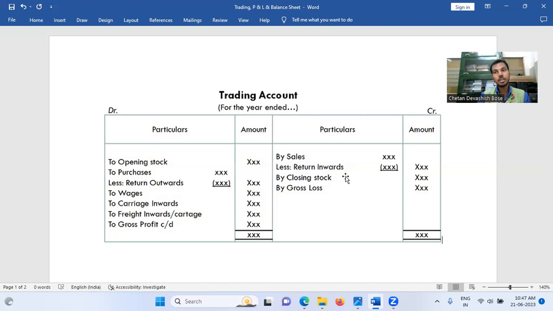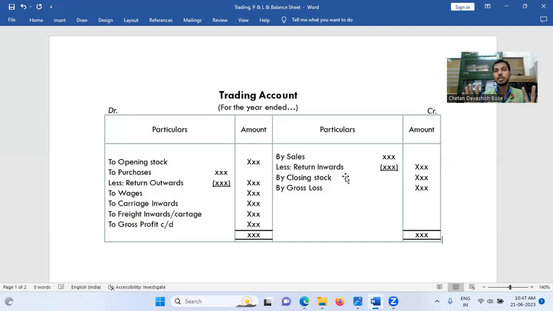But as per the accounting rule, we write it at the credit side because it is not an expense. So indirectly it gets deducted from the purchases, or the debit side basically. But to make your life easy, remember closing stock always appears at the credit side of your trading account.